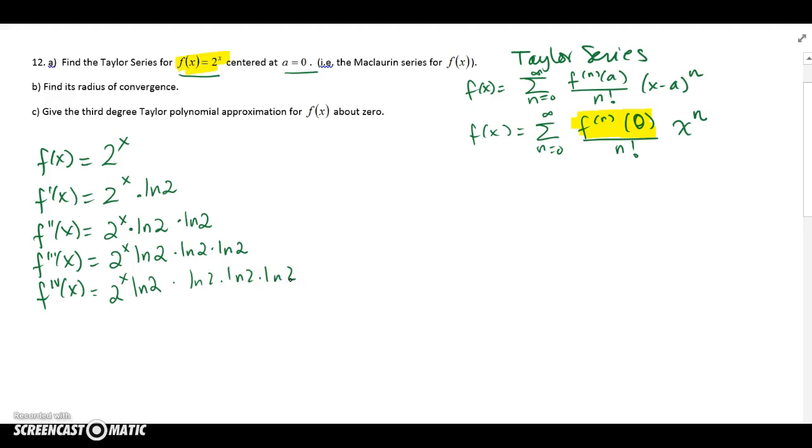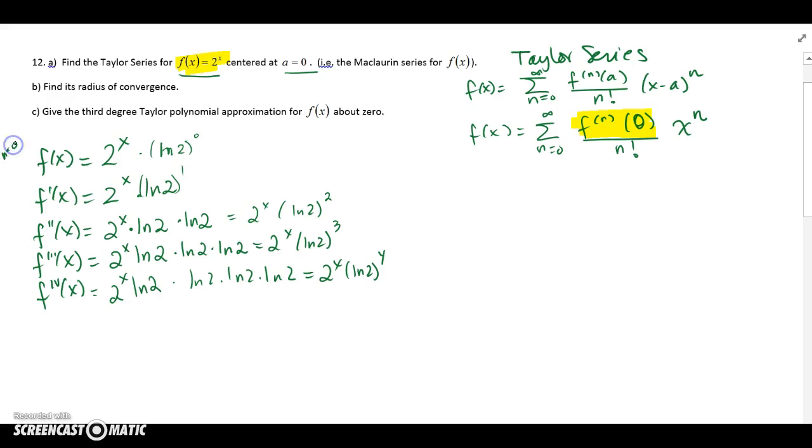So if I were to write a pattern for this, at the fourth derivative I have 2 to the x and then 4 of these guys stacking up. At the third derivative I have 3 of them stacking up, at the second derivative 2 of them, at the first derivative just 1 of them. And if you want to include this guy, you can think of that as ln of 2 to the 0, because ln of 2 to the 0 is just 1 anyway.